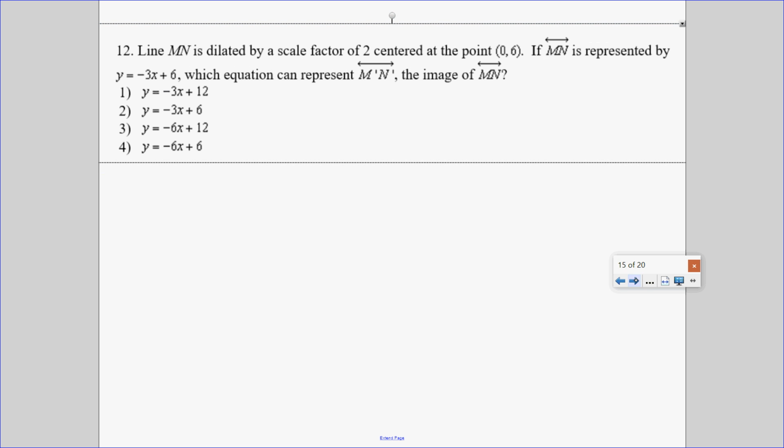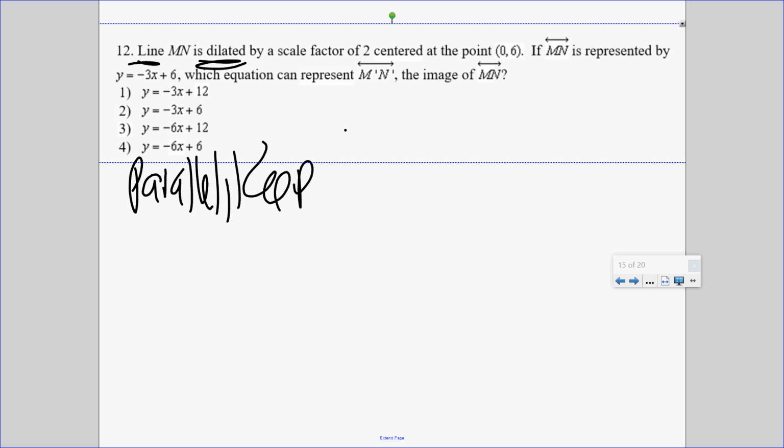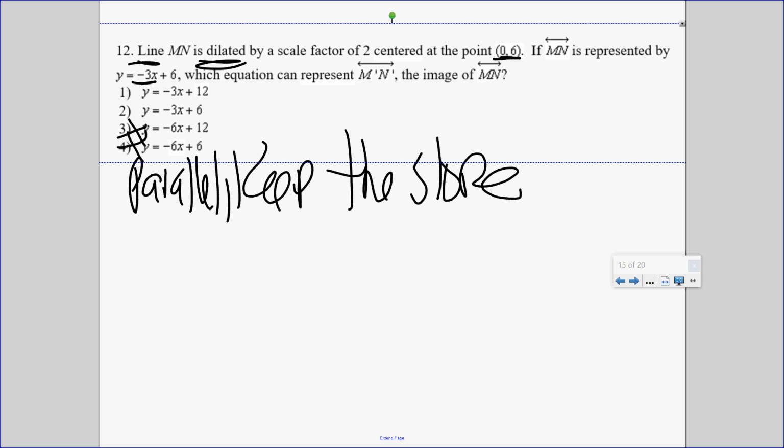And number 12, line dilation, parallel, keep the slope. The slope of the original line is -3, so the slope of the new line has to be -3. Is this origin?